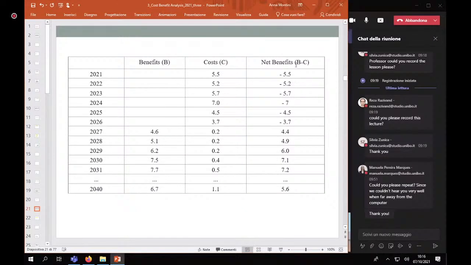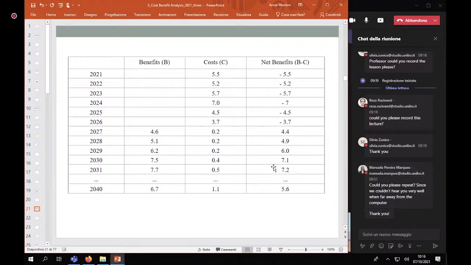Do I have the possibility to sum up all the net benefits? The answer is no, because in a cash flow like this, I don't have discounted values.